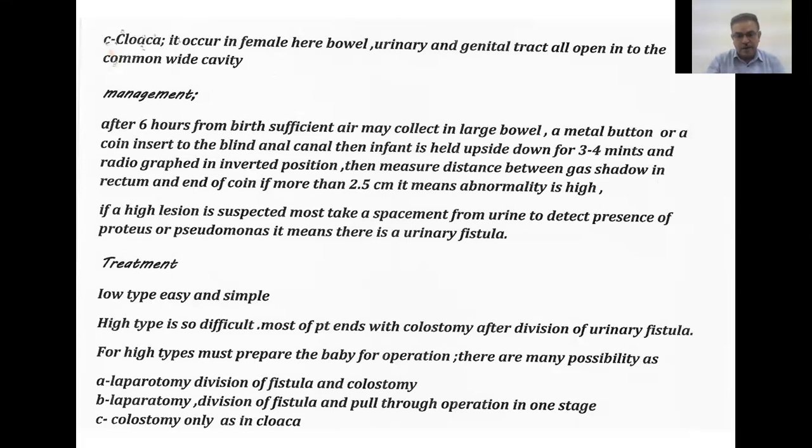There are many possibilities for treatment of high abnormality: either exploratory laparotomy, division of fistula and colostomy, or laparotomy, division of fistula and pull-through operation in one stage, or colostomy only as in the cloaca.